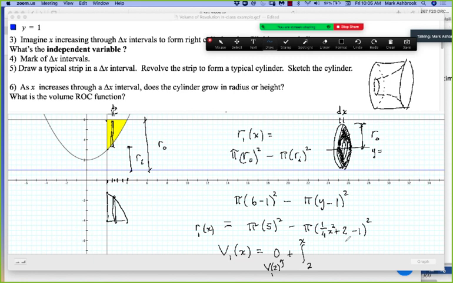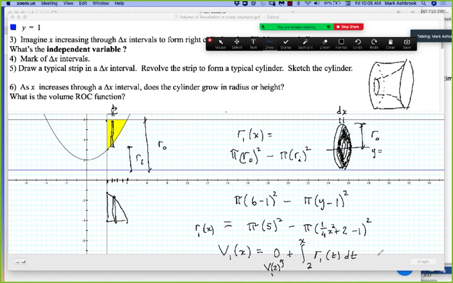I want to make this as easy as I can on myself. R1 of x, or R1 of t. Good, use function notation. This rate function is getting longer and more complicated, and we already did the work to figure it out and write it down. Use function notation, R1 of t dt, especially in GC. That's really convenient too.